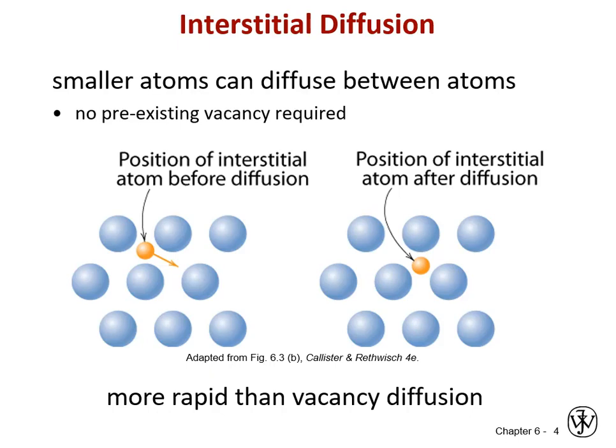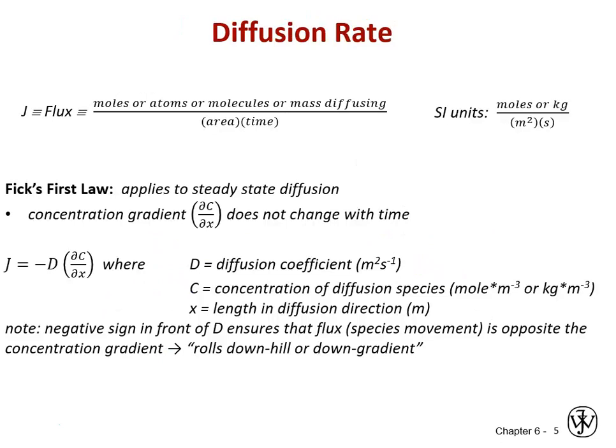So when you look at the rate of interstitial diffusion, what you're really looking at is just the rate at which that solute atom will jump, because it's always got a place to land. So there's a single dependence on temperature, and it's just the jump frequency, as opposed to substitutional diffusion, where you had the temperature dependence on the jump frequency and the vacancy concentration, which was the place to land.